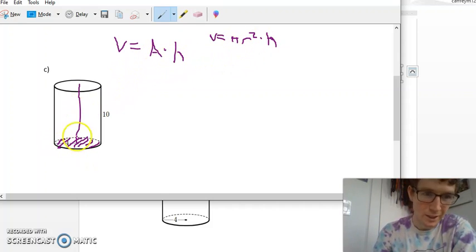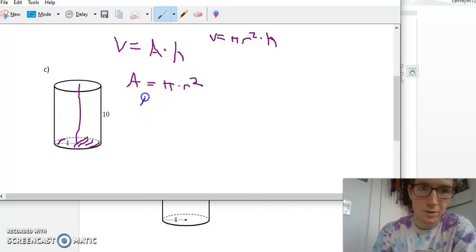So first let's just find the area of the circle down here. So let me look at that a little bit closer. See how the radius, from here to here, is 4. So that means our area will be pi times r squared. So that's 3.14 times 4 squared.